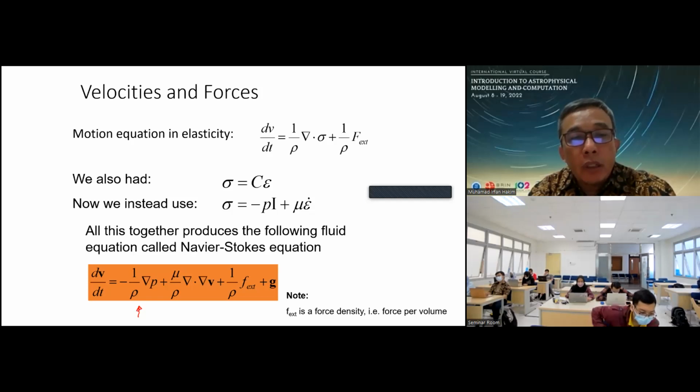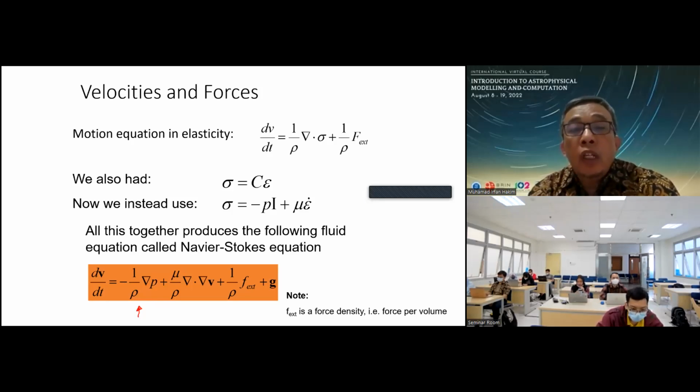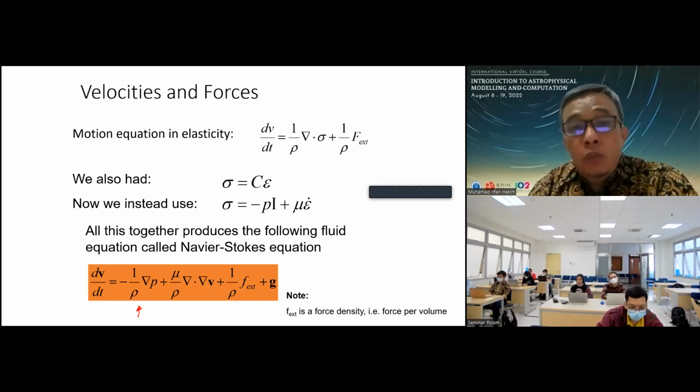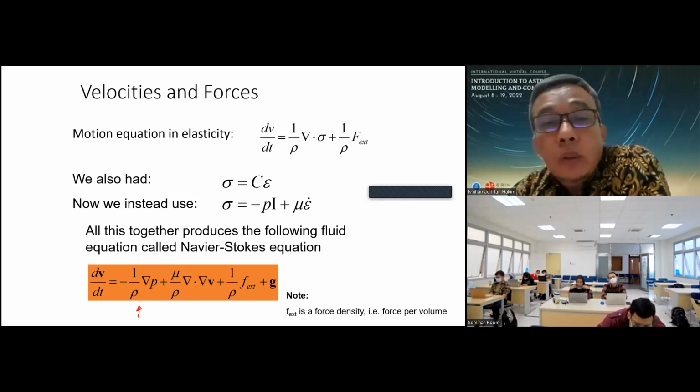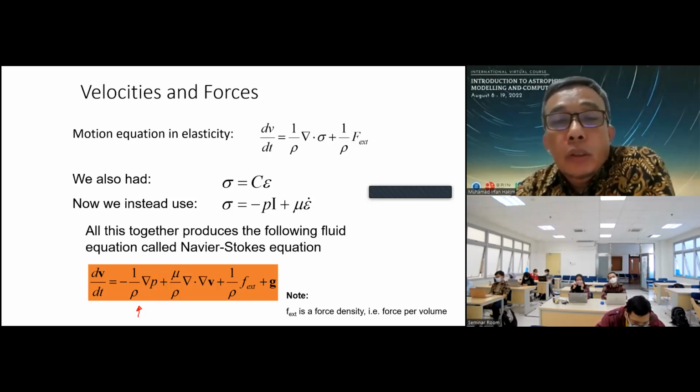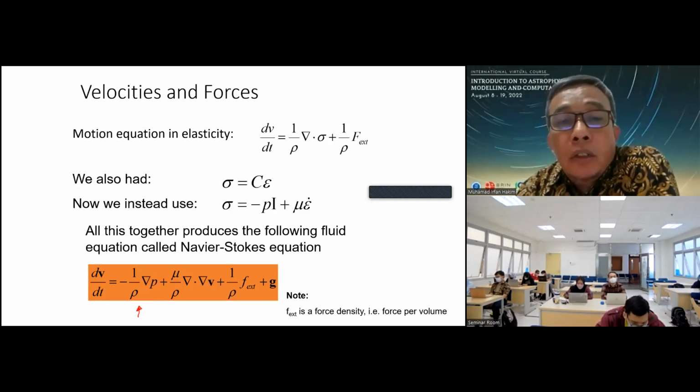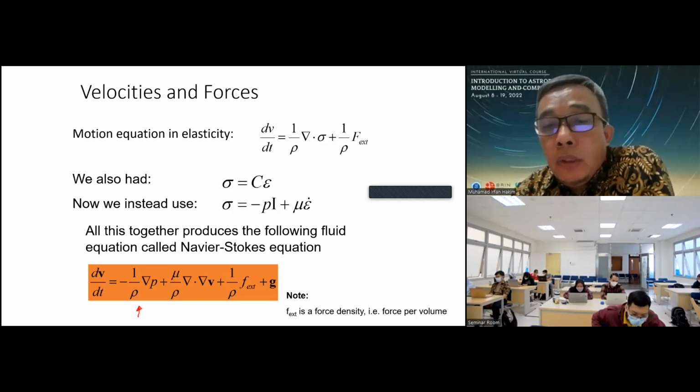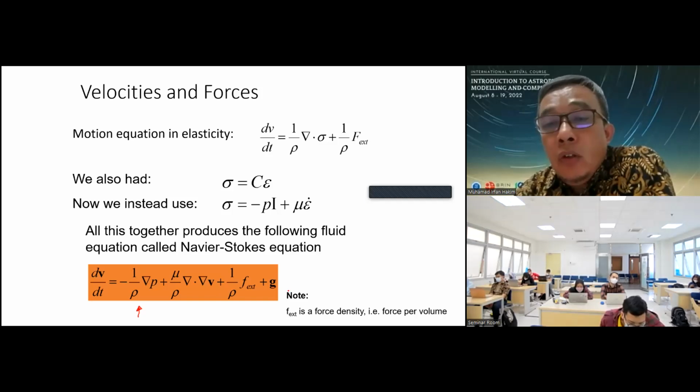For example, the first term in right-hand side here, one on rho grad P, for clear explanation how to implement this approximation. There are another terms here, including external force and central force, I think, including gravity here.